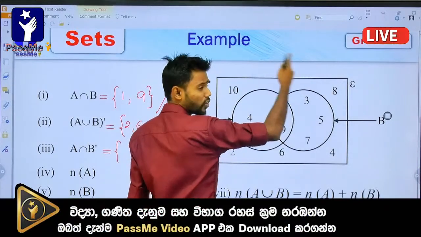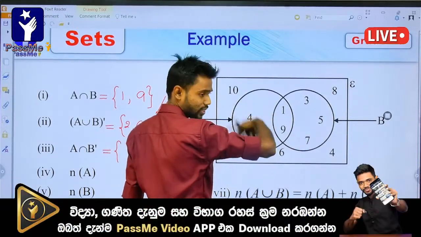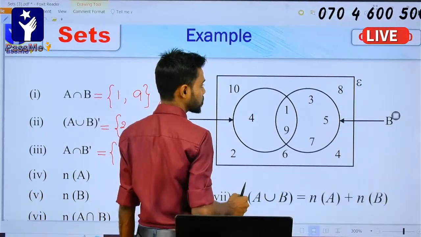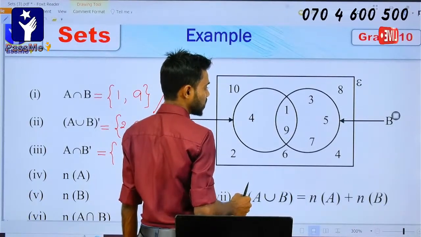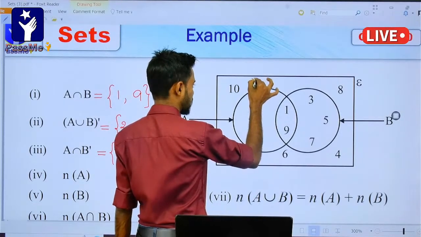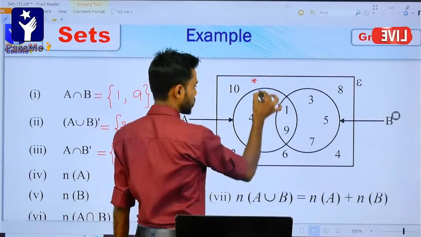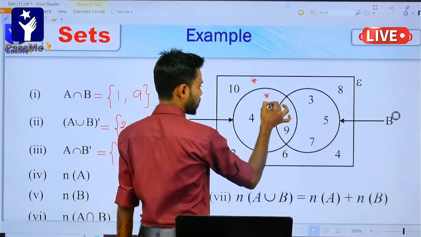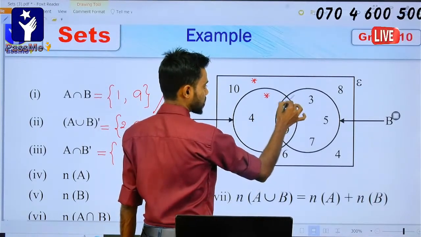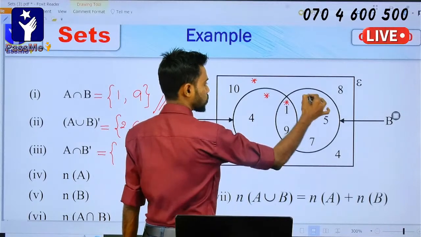Since there are numbers inside this Venn diagram, I just mark the relevant places using a different notation, like a star, another star, another star, and another star.